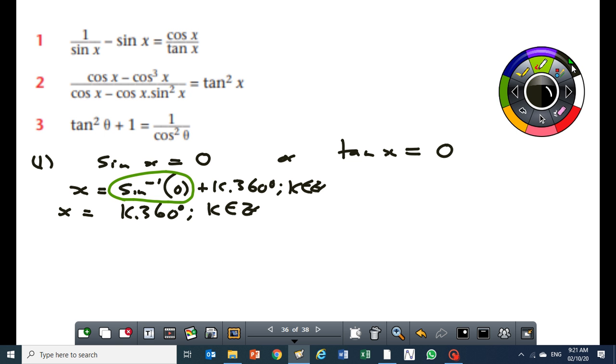This is the first general solution. The second one will be 180 minus 0, which I won't write here. I'm going to assume that you now know. Let me just emphasize that this is your reference angle.